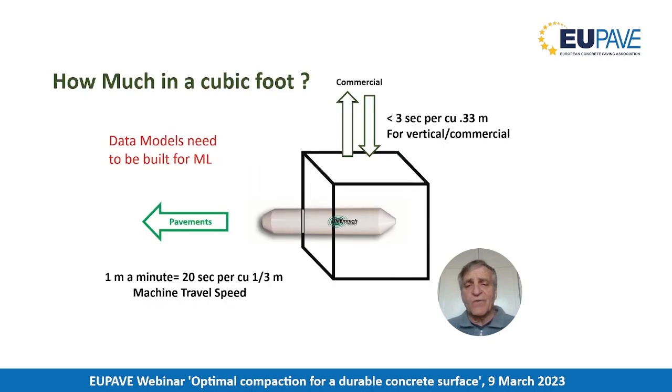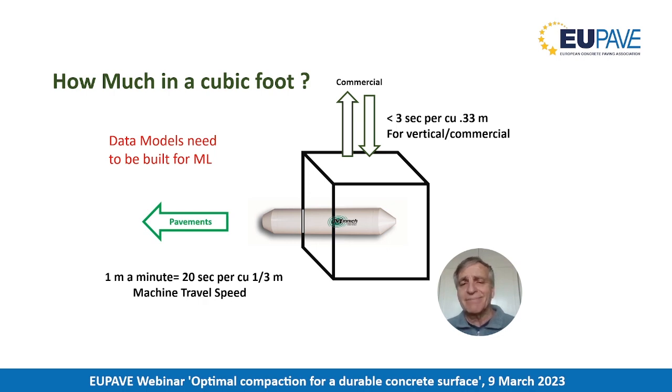How much vibration goes into a cubic foot of concrete is still something that databases need to be built for, so we can look at exactly what transpired. When we look at a paving machine, it's moving horizontally through a cubic foot of concrete, or in this case roughly a third of a meter.